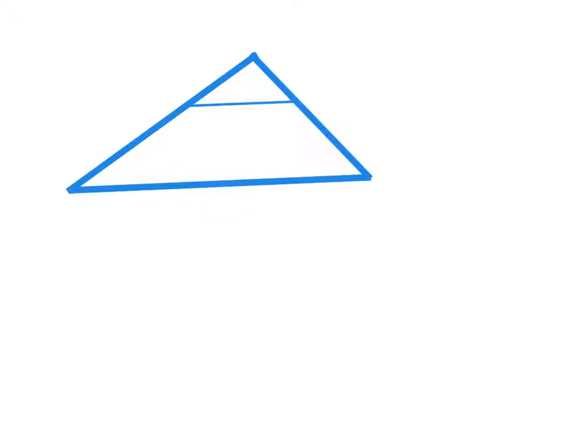So by the same instance, if this was 1 here and this was 3, the ratio of the lengths would equal 1 to 4, because the 4 would come from the 1 plus 3.